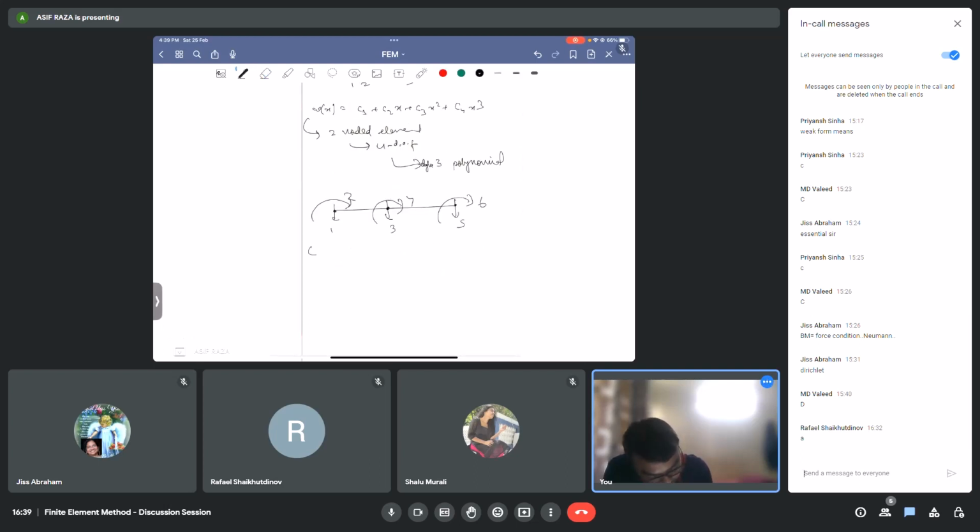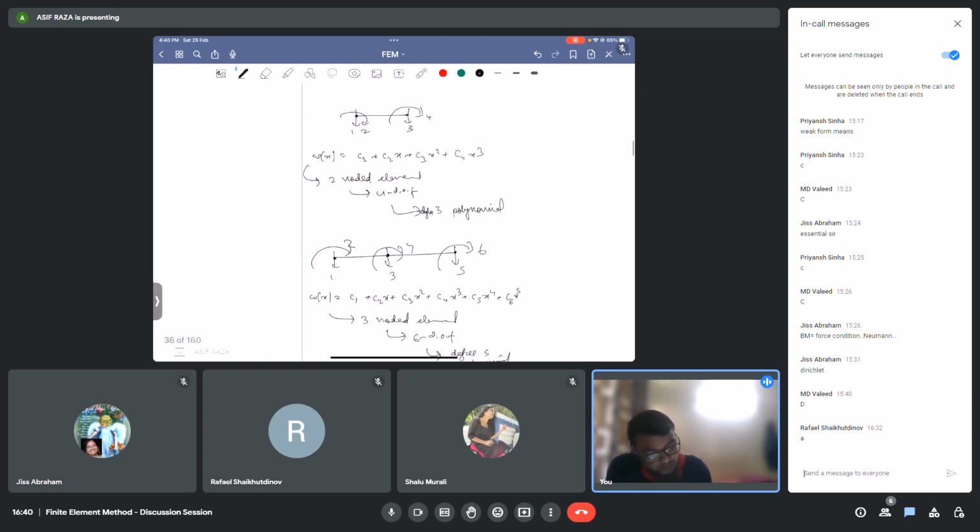So for this, my Wx would be C1 plus C2x plus C3 x square plus C4 x cube plus C5 x4 plus C6 x to the power 5. You see, when we take a 3 noded element, we have 6 degrees of freedom and it has a degree 5 polynomial.